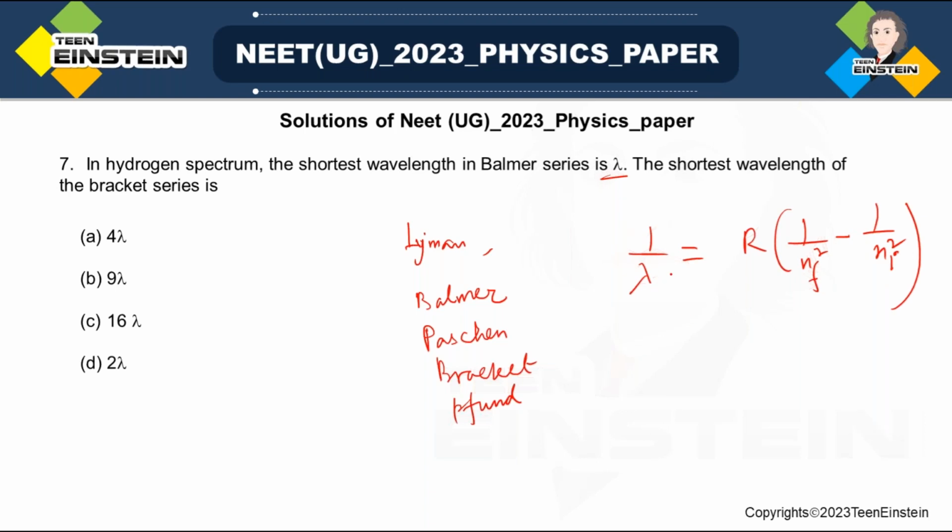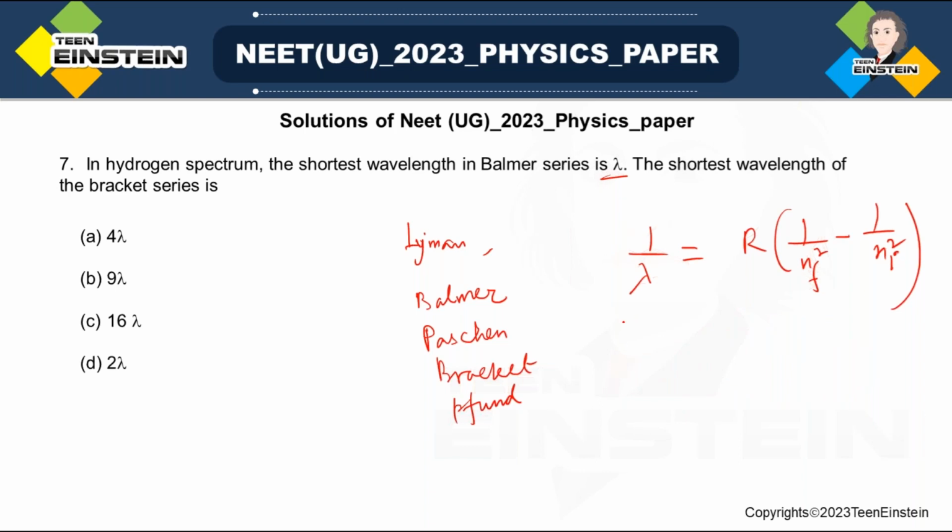Now in this case, when we say maximum wavelength, Ni must be infinity. I'm sorry, this is not maximum, this is the smallest wavelength, or lambda min. Smallest wavelength in this case. So ni has to be infinite.